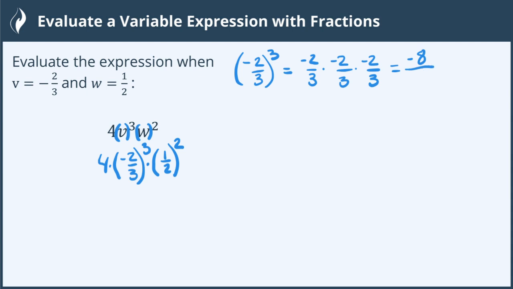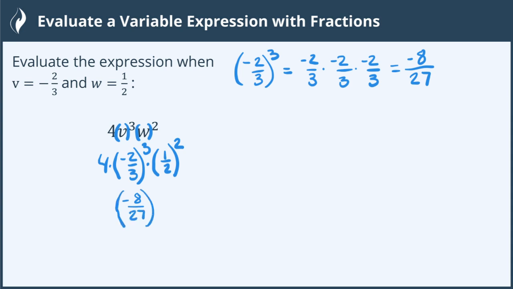And 3 times 3 times 3 is 27. Another way you could think of that is negative 2 cubed over 3 cubed, if that's something that you prefer. Either way, we will end up with negative 8 over 27.